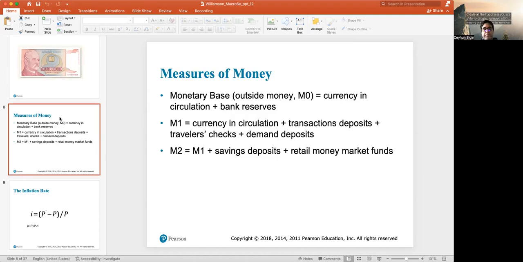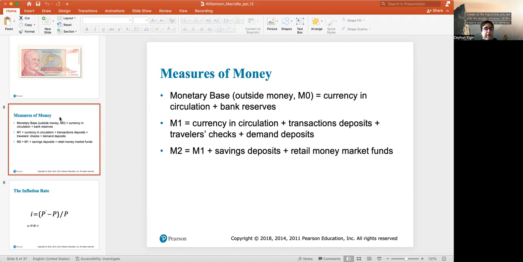Now we come to the notion of measures of money. How to measure the amount of money. Here we have 2 main, or actually 3 main measures. We have actually more than that, but at this level, it's enough that we only talk about three of them. One is the so-called monetary base. Monetary base is basically the physical money, either in circulation or in the vaults of banks.